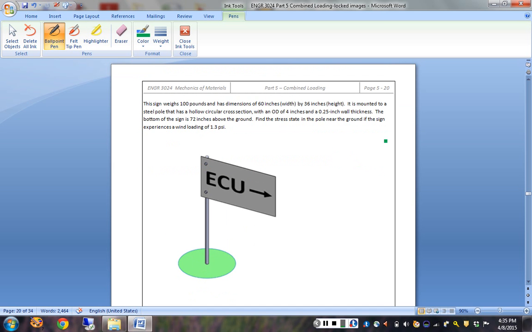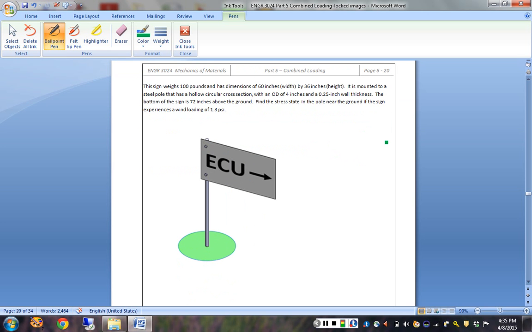Anyway, all right, a sign. We have a sign, and the sign itself weighs 100 pounds, and it's 60 inches by 36 inches, and it's on a pole. The pole is 4 inches in diameter with a 1/4 inch wall thickness.